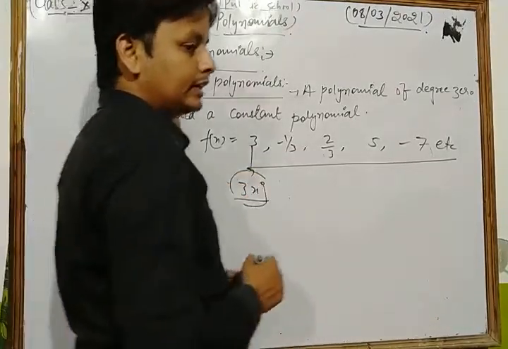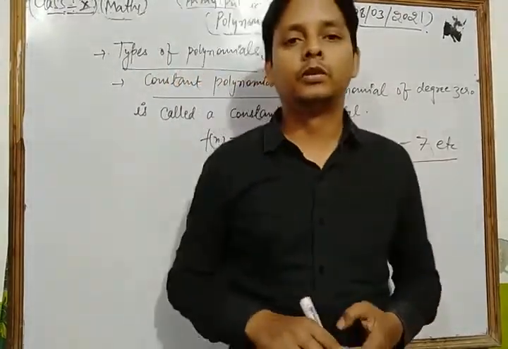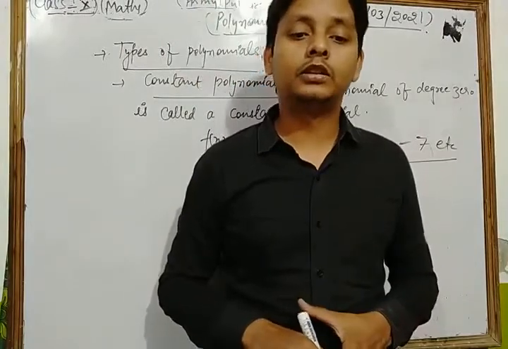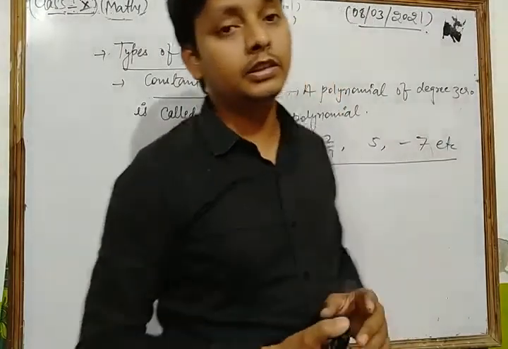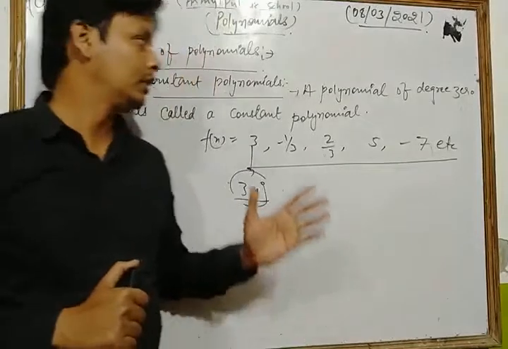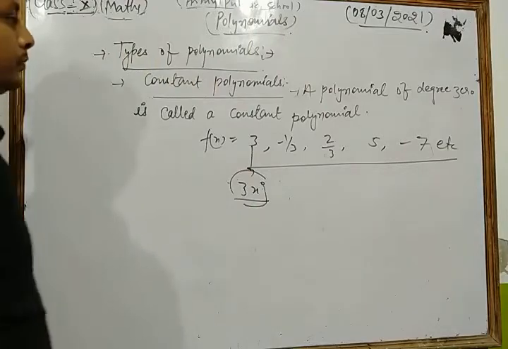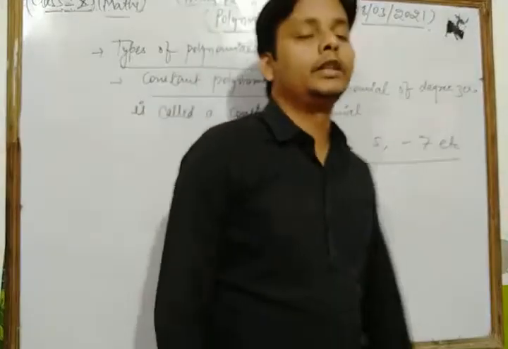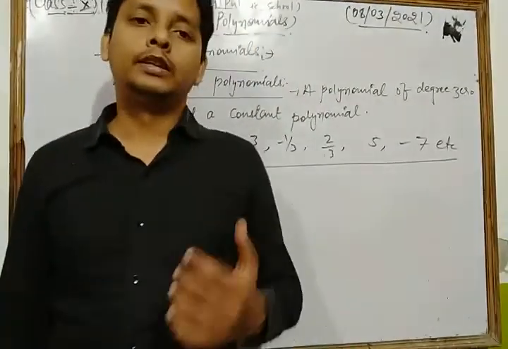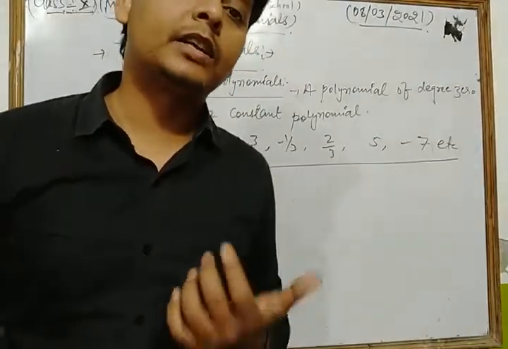So a polynomial whose degree is 0 is called a constant polynomial. Now, dear friends, we are going to discuss the linear polynomial.